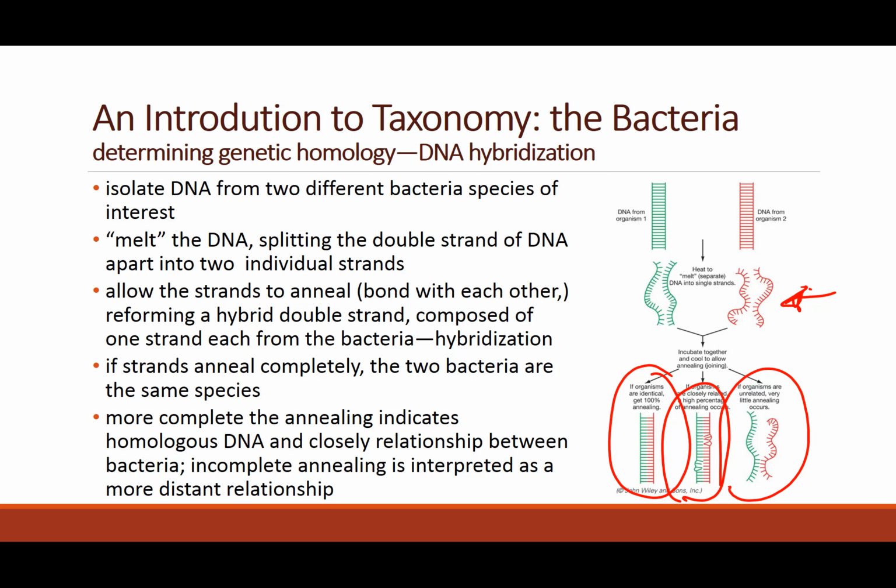The more we see annealing, the more likely it is that they are closely related. So that's DNA hybridization, because you're forming hybrids between the two different bacteria that you're trying to get information about.